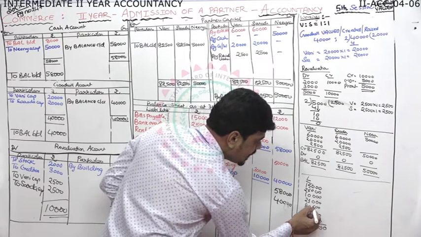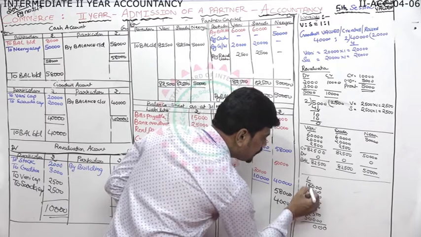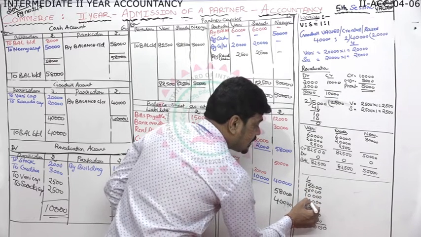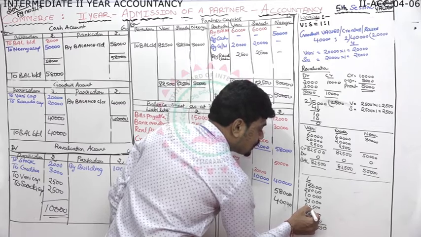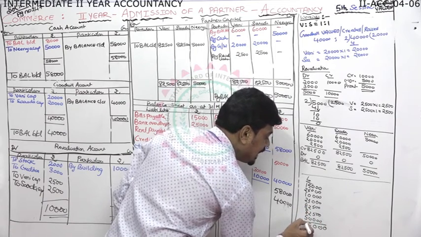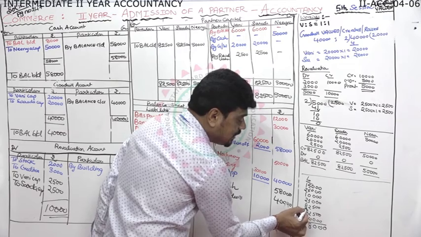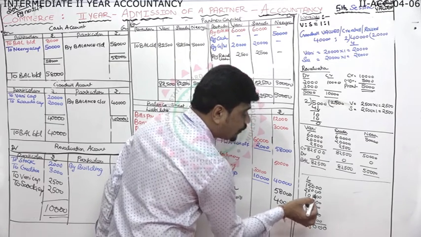Now see. 5, 5, 10, 0, carried 1. 5, 10, 11. 11 plus 3, 14. 14 plus 2, 16 plus 2, 18.